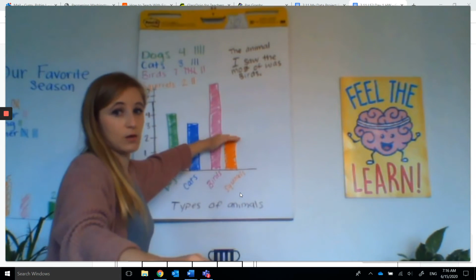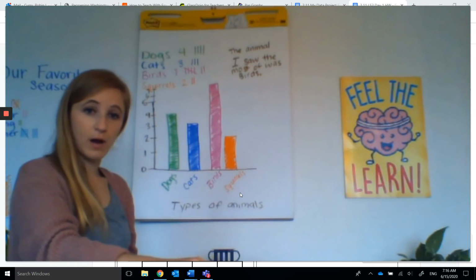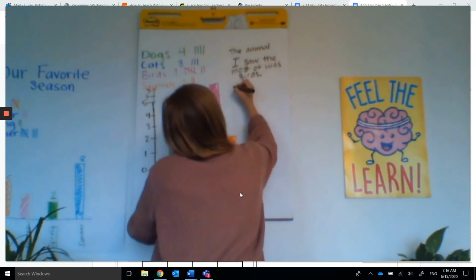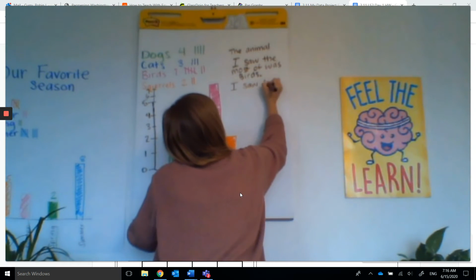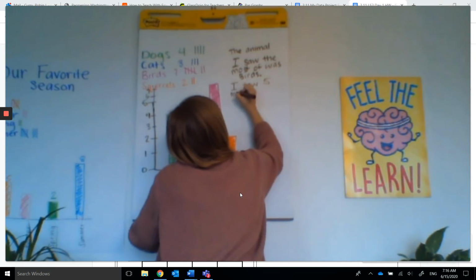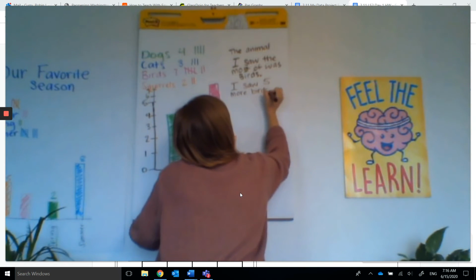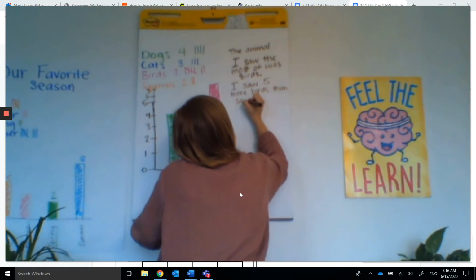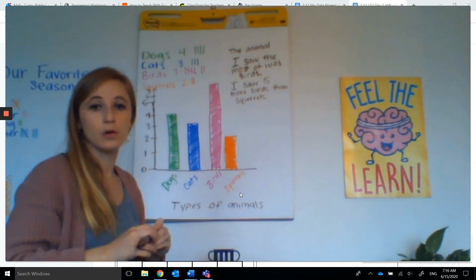Okay, because if we go here, we count it the rest of the way up, it would be a difference of 5. Okay, so I'm going to use that as my next statement. Okay, I saw 5 more birds than squirrels.